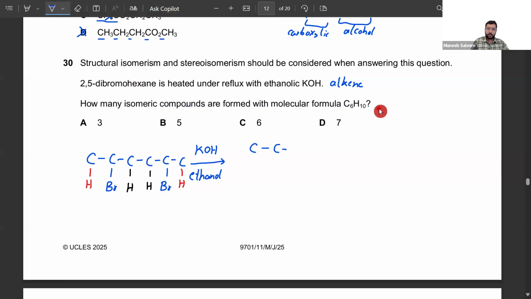So here we again have the backbone of 6 carbon atoms, and another structure over here, and another structure over here. In all these cases, there will be 6 carbon atoms.